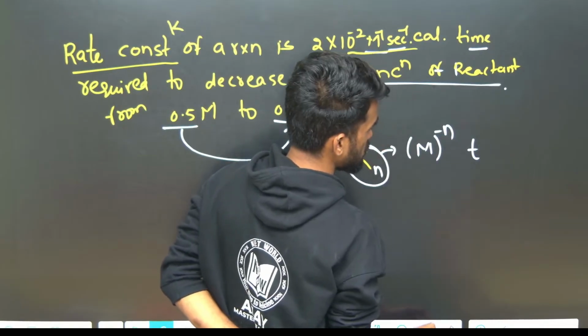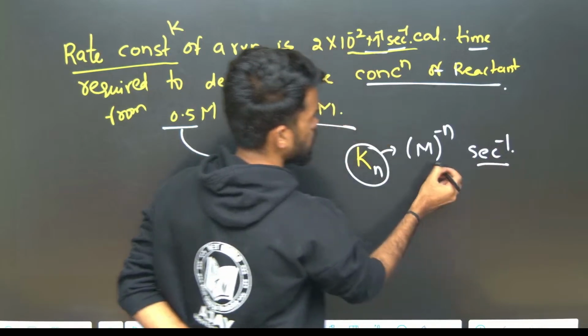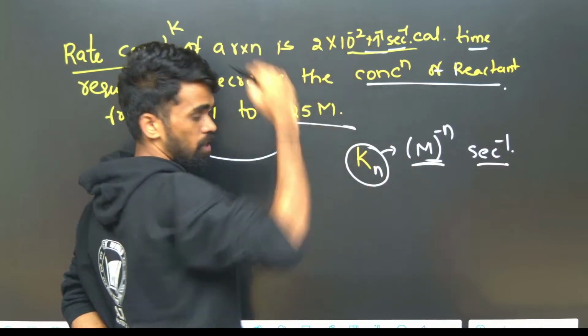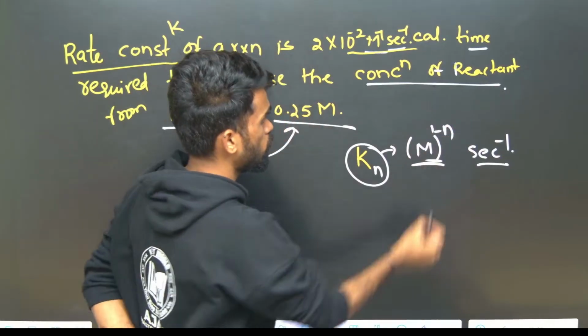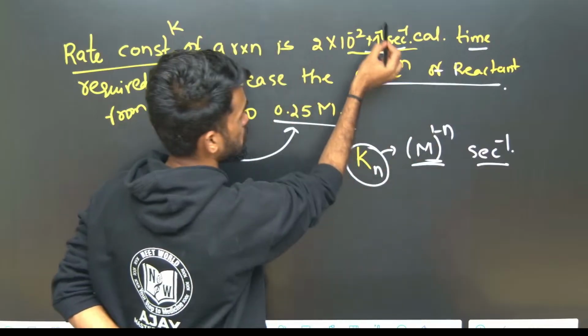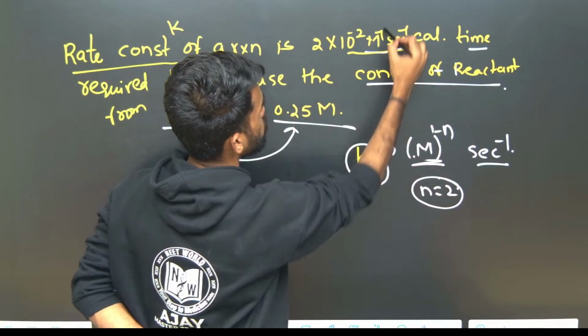Time let us say in seconds, second inverse. So second inverse will be fixed here. So molarity power 1 minus n I have kept. Okay, so what is the n value here? If n value equals 2, we are going to get these units.